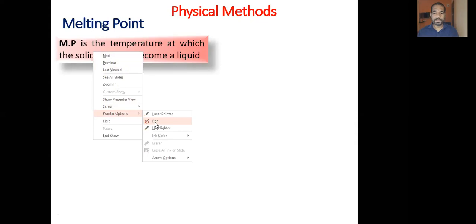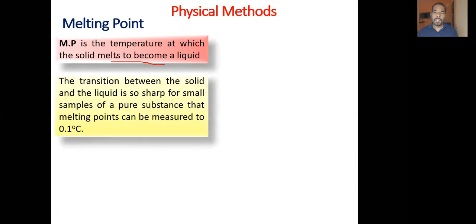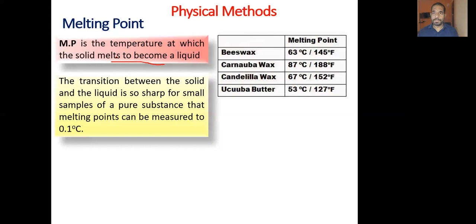Melting point is the temperature at which a solid melts to become a liquid. The transition between the solid and the liquid is so sharp for small samples of a pure substance that melting points can be measured to 0.1 degree centigrade.